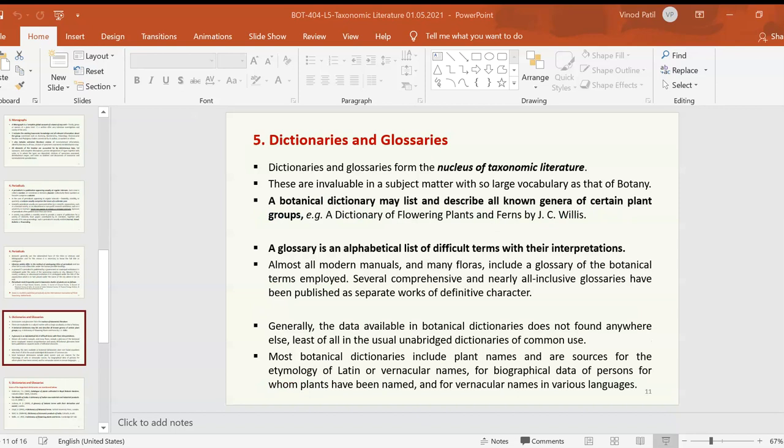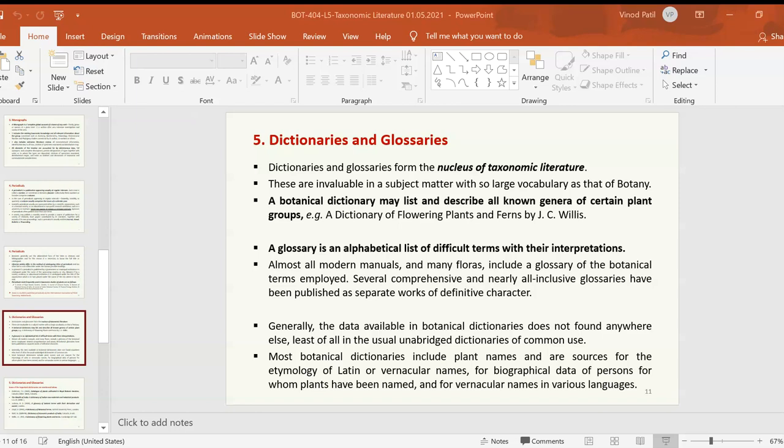Now, what did we see till now? We have seen floras, we have seen manuals, we have seen monographs, we have seen periodicals. Four: floras, manuals, monographs, and the periodicals.